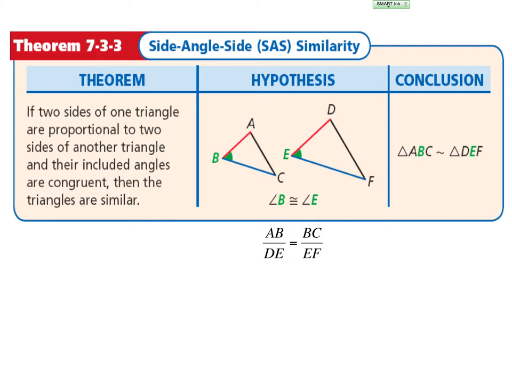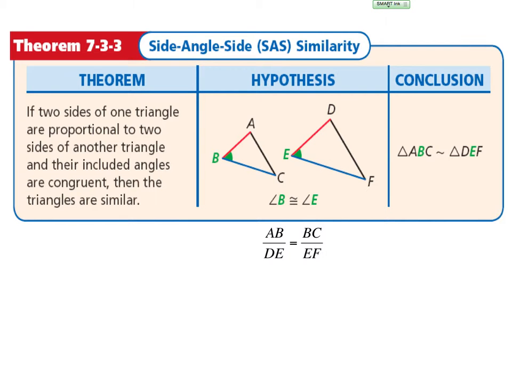Those ratios are equal. At conclusion, you know those two triangles are similar. Same shape, proportional sizes. And again, when you're trying to figure out which sides to compare, out of the two that make up the angle, shorter side compared to shorter one of the other triangle, longer to longer.